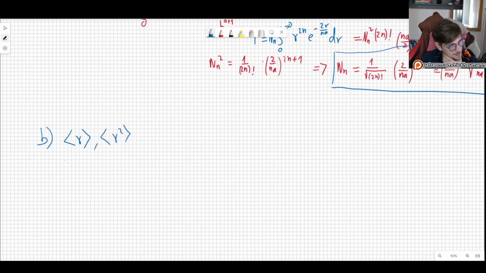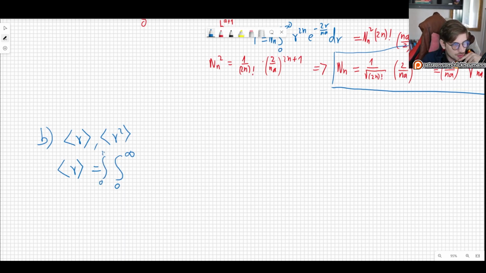So let's see. In the case for r, the expectation value of r is going to be the integral from 0 to infinity. Again, in principle, we're integrating over all of space, but our radial wave function doesn't really include theta or phi. So the angular part is going to be normalized. Again, I guess I can show you that again.